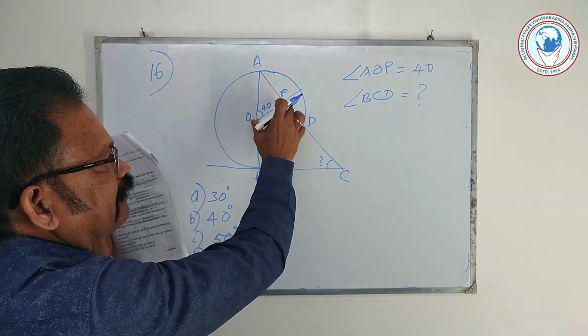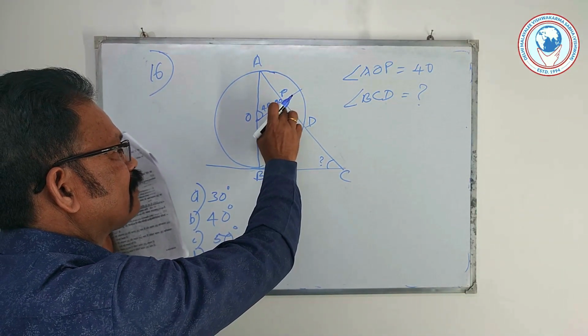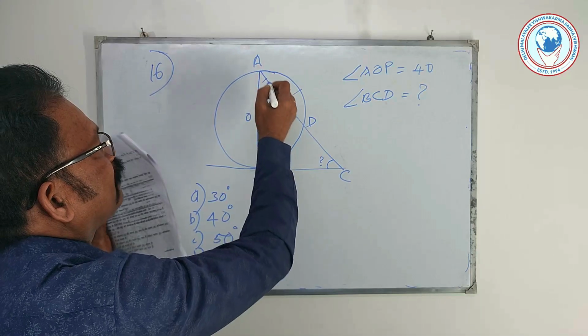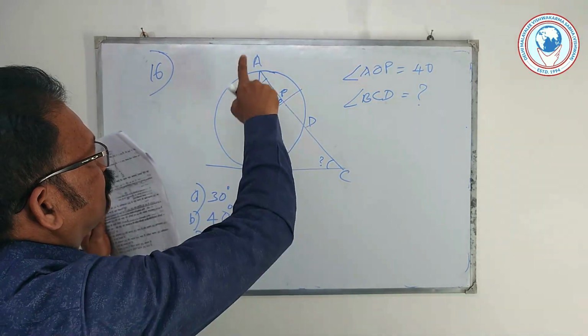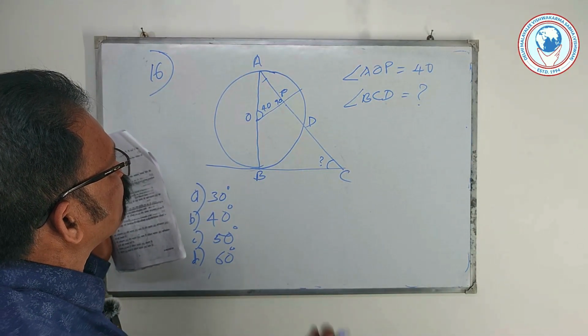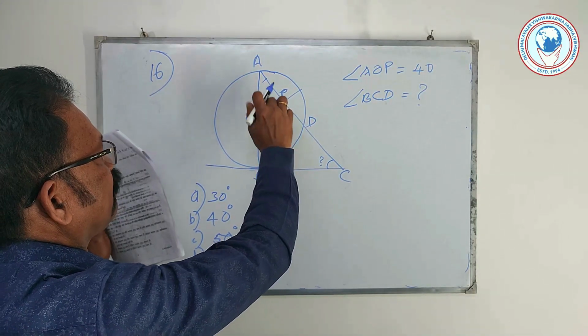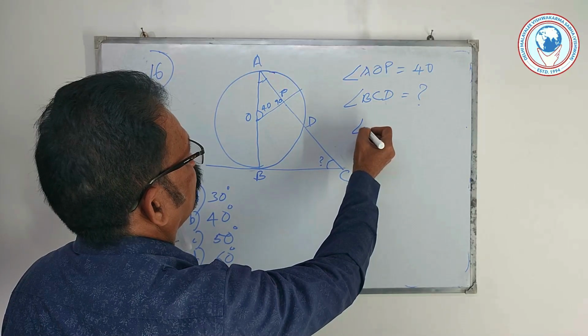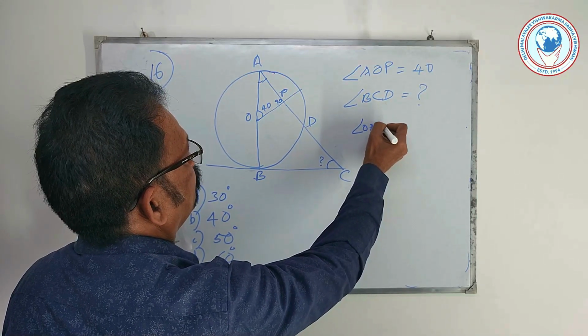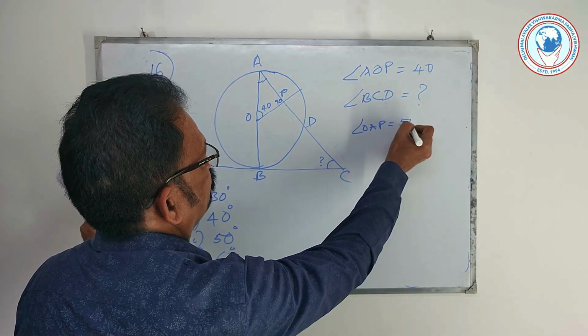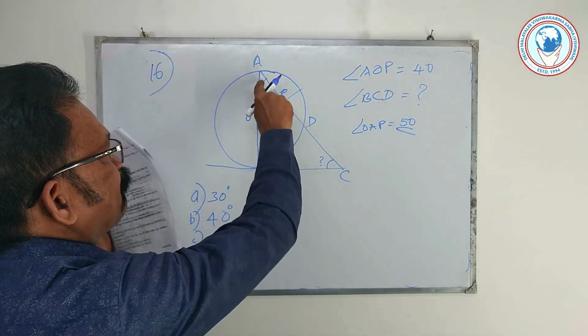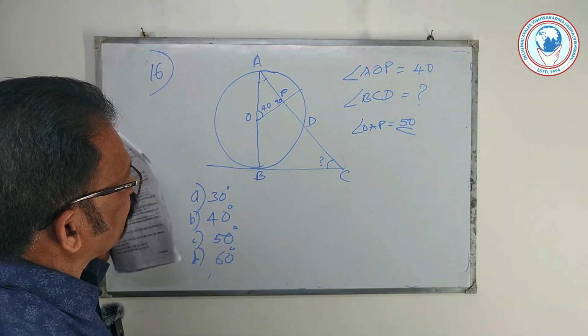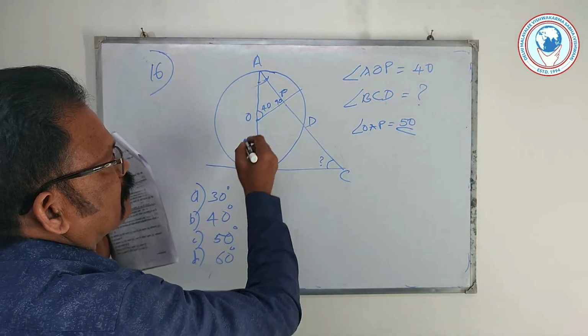It is a bisector, therefore clearly it is perpendicular. So this angle is 90. So in angle sum property, take triangle APO in which one is 40 and the other is 90. So third angle, by angle sum property, angle OAP is equal to 50. 40 plus 90 plus this angle total is 180. Therefore this is 50.